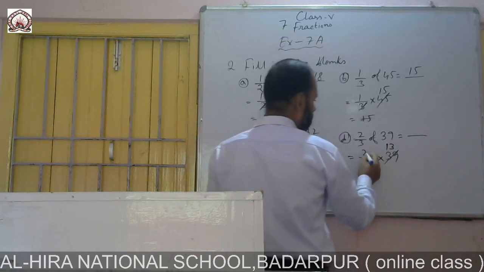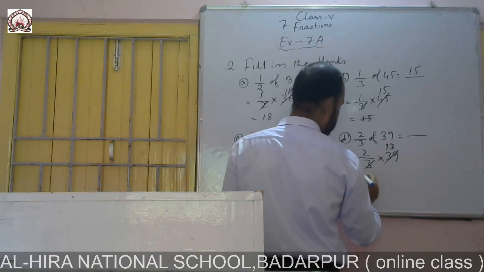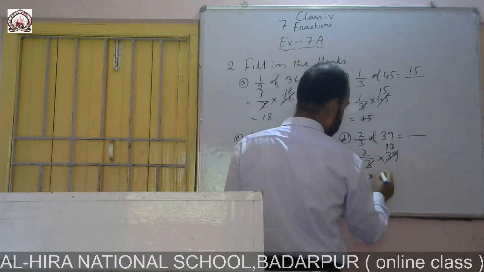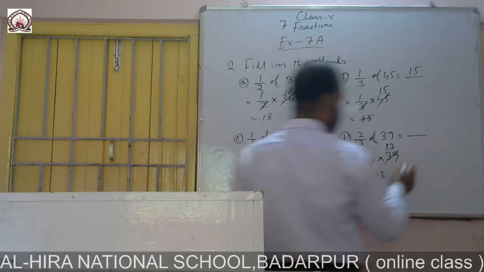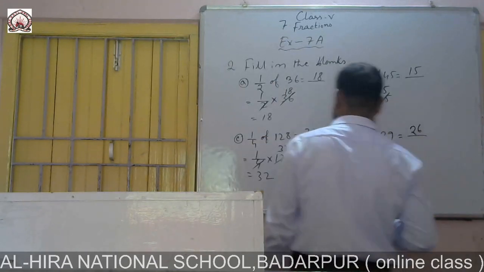So here remain 2 into 13 equal to 26. 13 2s are 26. Answer is 26.